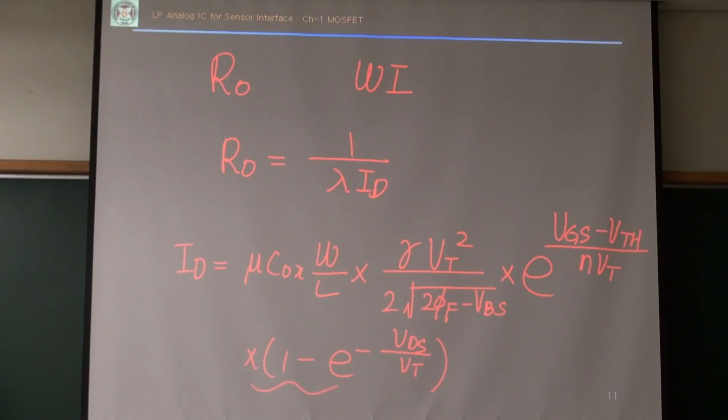Instead of this one, we just replace it with 1 plus lambda Vds in a hand analysis. So then we can get this small signal RO equation.